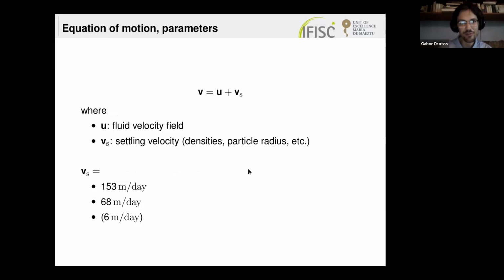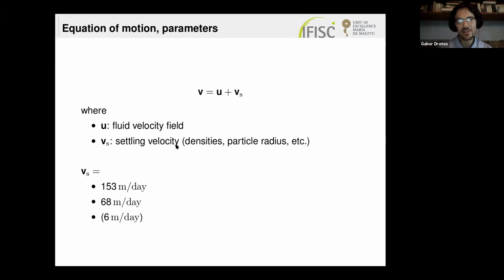So our modeling framework depends on a very simple equation of motion. In this, the velocity of the particles of interest is simply a sum of the fluid velocity field and the settling term.